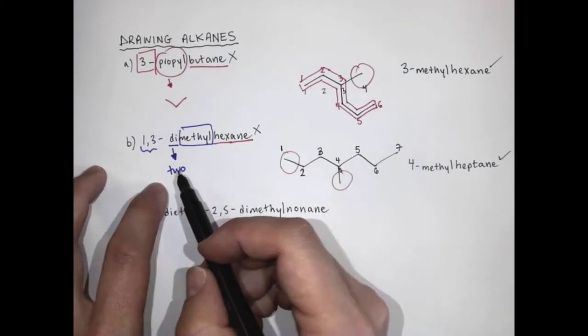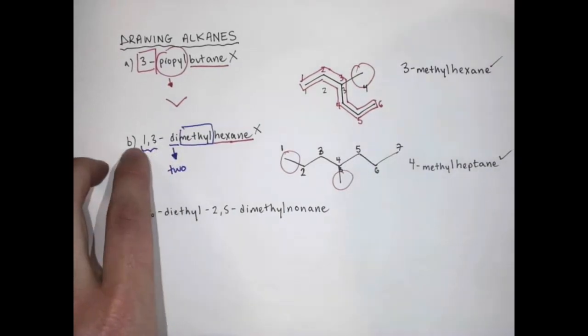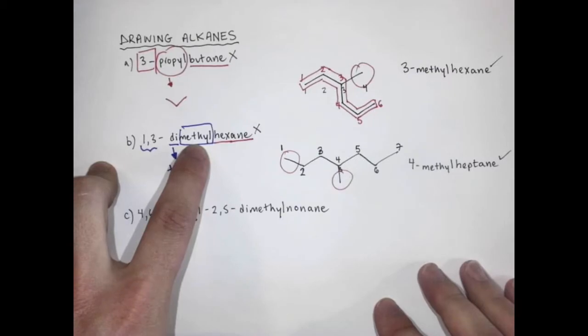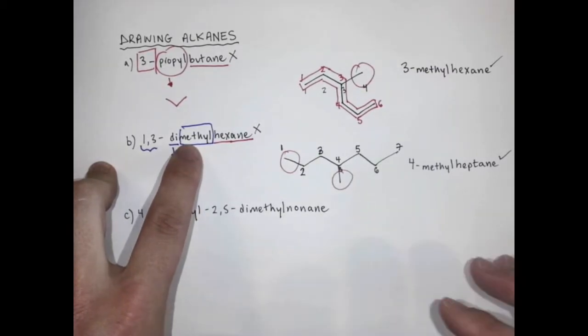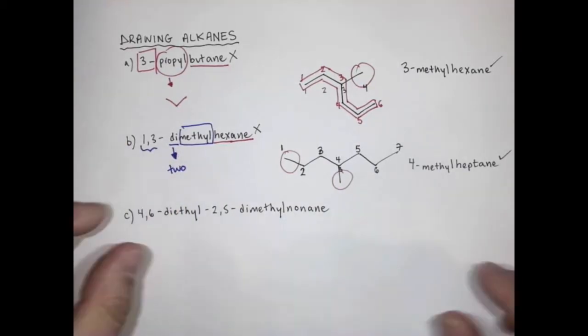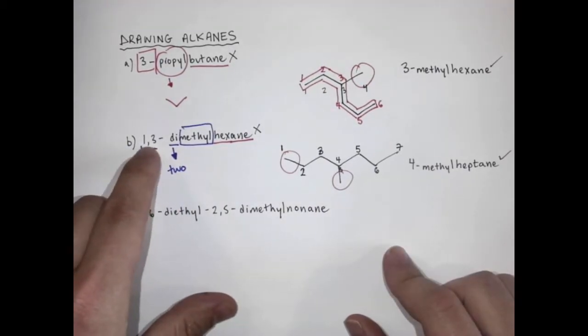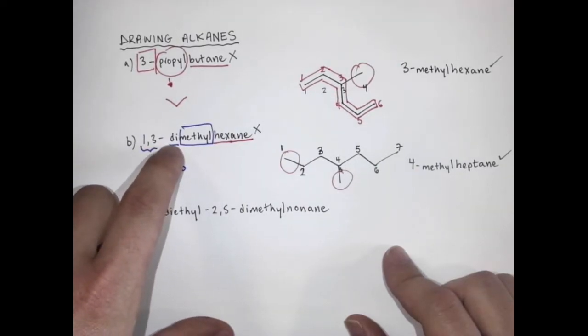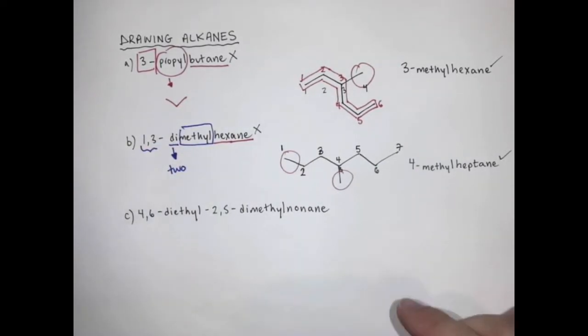The one thing I wanted to make note of here is this di. So usually in names, if you have two groups that are the same carbon length, or two branches that are the same carbon length on the main chain, you indicate where they occur using these numbers, so 1, 3, and then di tells me that there's two of those groups.